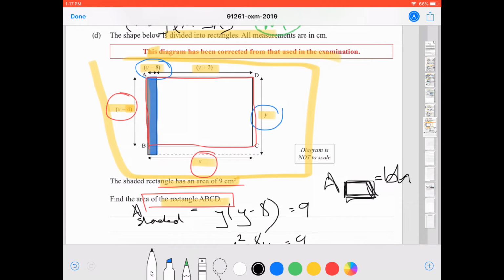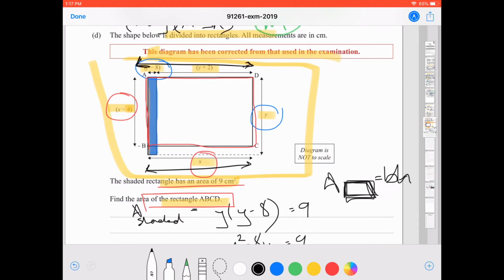You'll notice that this x, this length here, is the same as the y minus 8 and y plus 2 length.